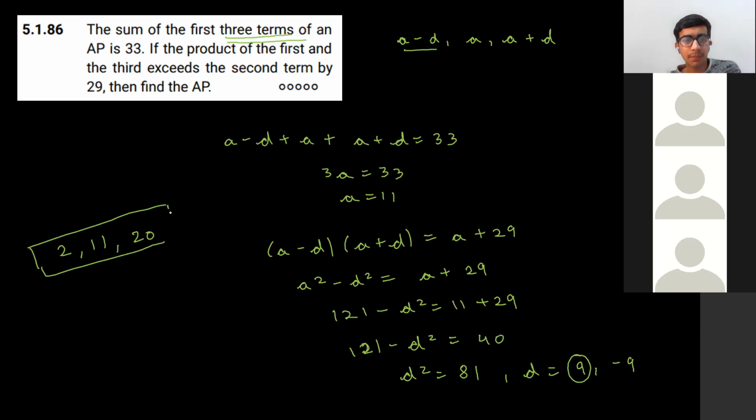The second AP will be A minus D, so 11 minus D, that means 20, 11 and 2. So basically, both of the APs are the same. One of the APs is just the reverse of the first AP. So did you guys solve this question by this particular approach, or you took the terms as A plus D and A plus 2D?